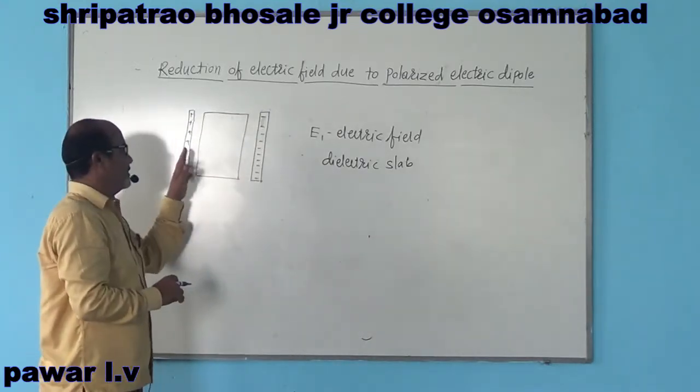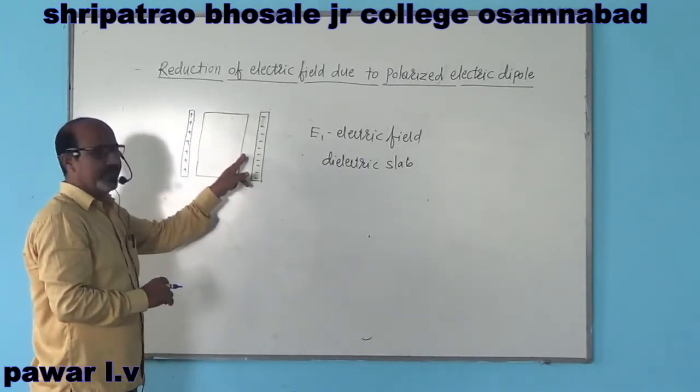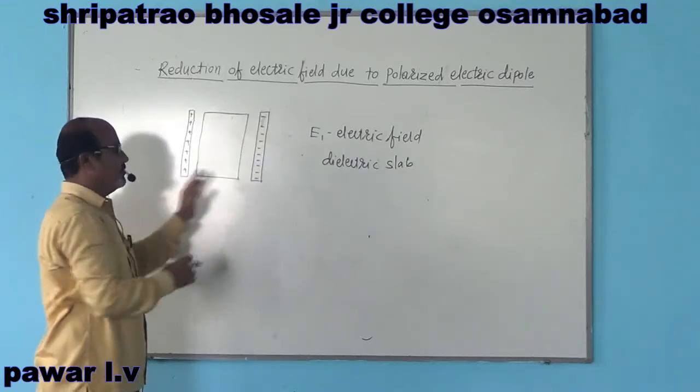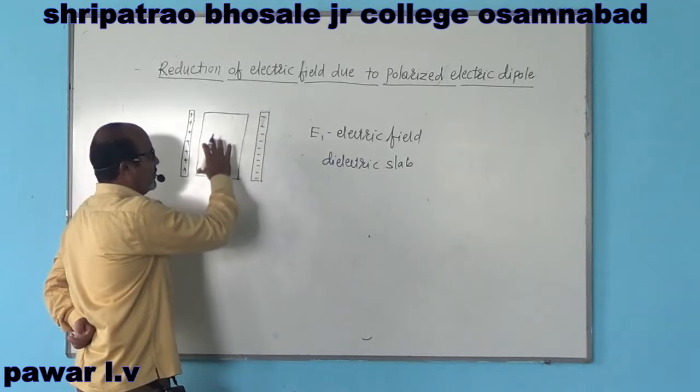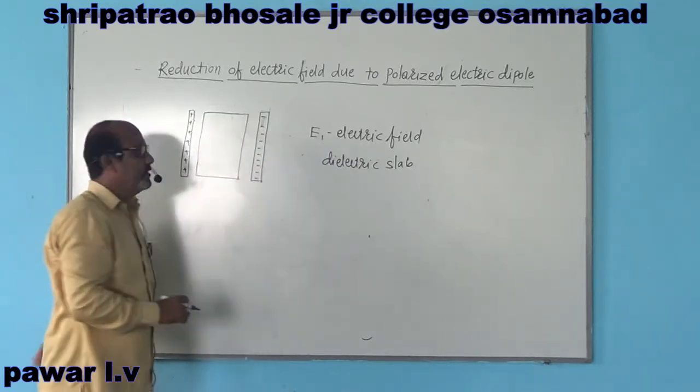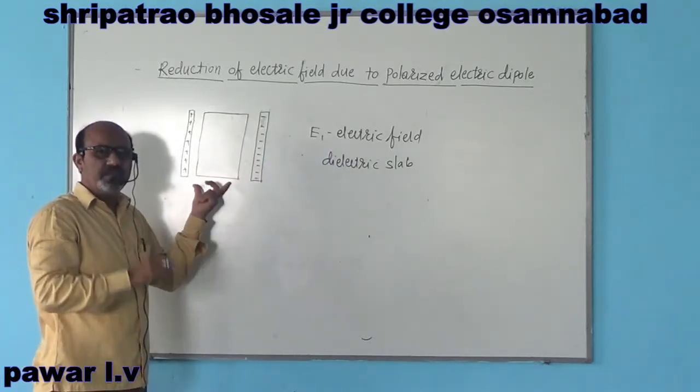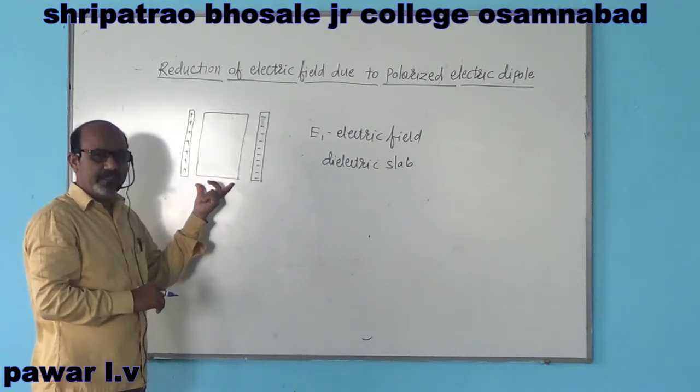If its two faces, this one and the second, are kept parallel to these metal plates, then electric field passes through it. Due to effect of this electric field, this dipole, an insulating material, gets polarized.